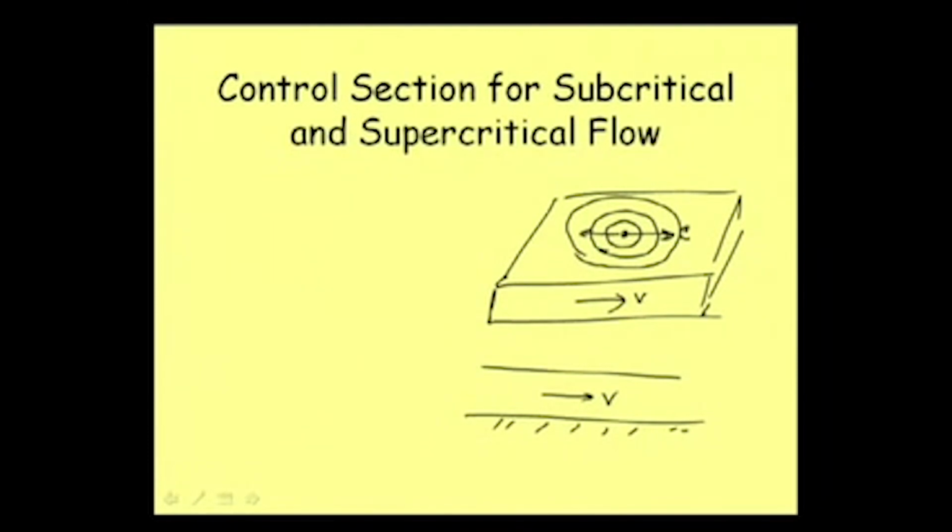If we create any disturbance at this point, and suppose that wave moves with a velocity c in this direction, then of course there will be motion of this wave in the upstream direction as well. Now, for supercritical flow what will happen, and for subcritical flow what will happen, that we need to see.